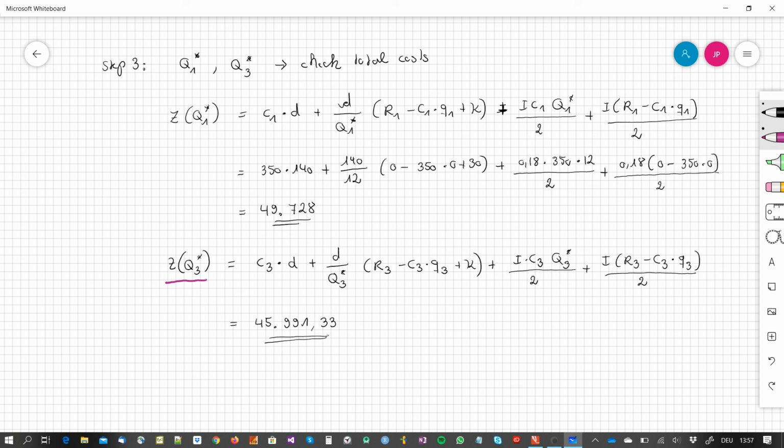So our lowest total costs are given as follows when we order Q3 was 115. So optimal order quantity with incremental price discounts leads us to order 115 units.